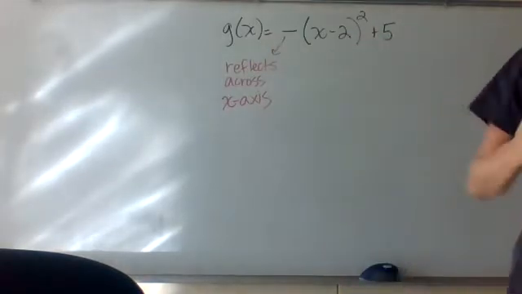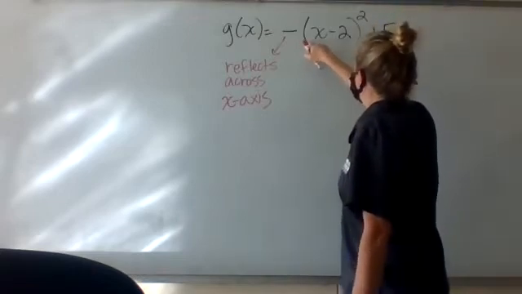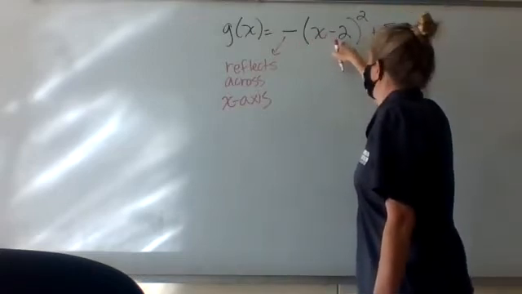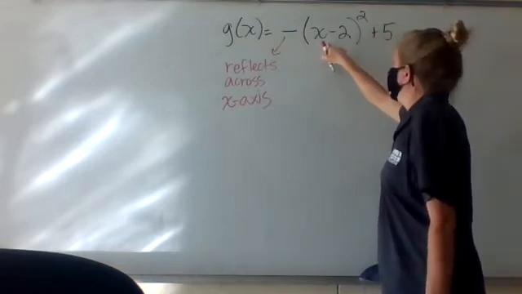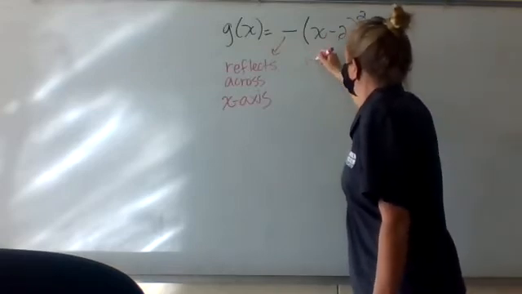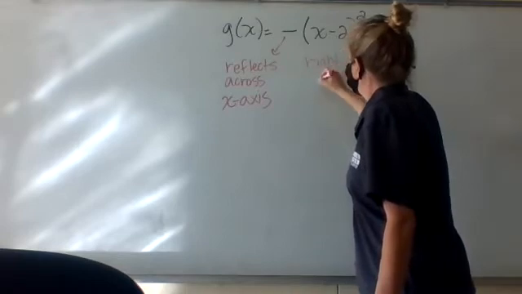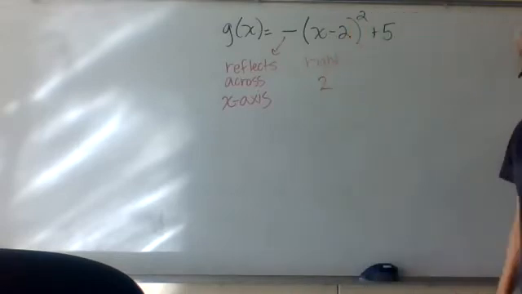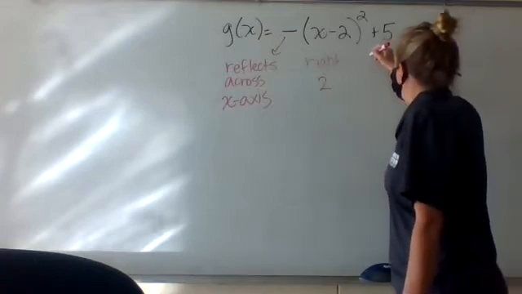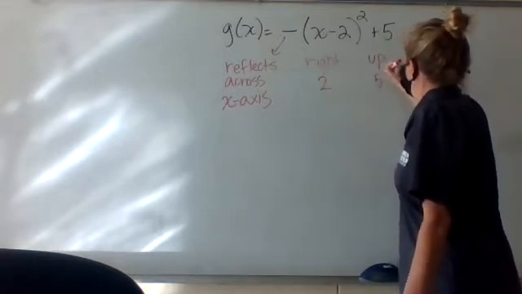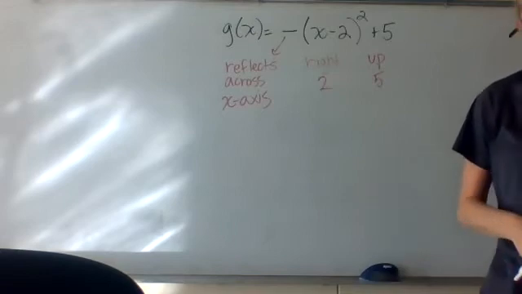That's what makes it go upside down. The inside number shifts it horizontally, so left or right. Since it's minus 2, I'm going to go to the right 2. And then your outside number is plus 5, so you're going to go up 5.